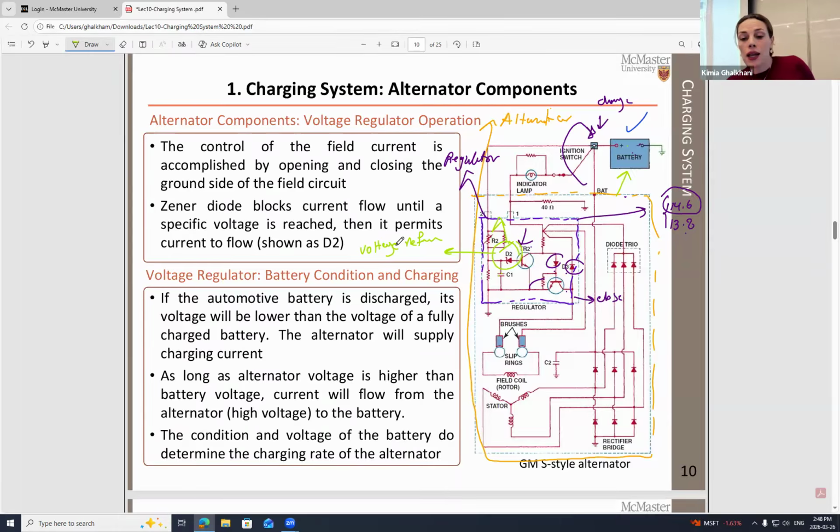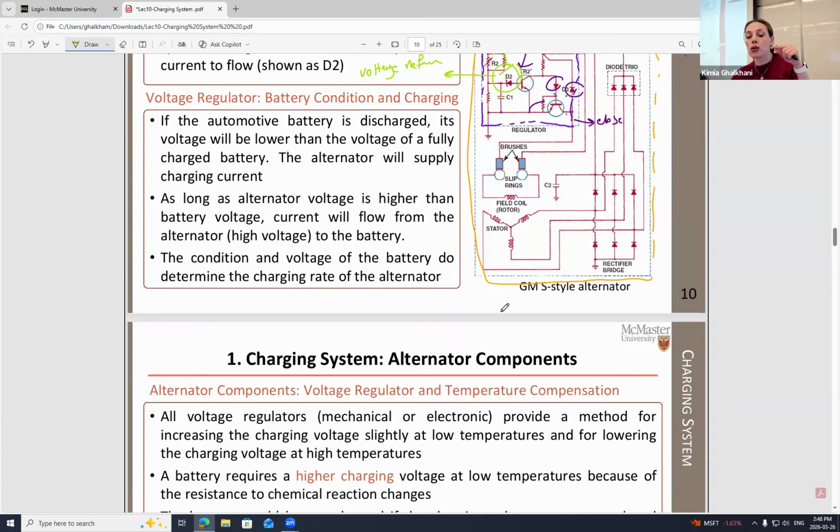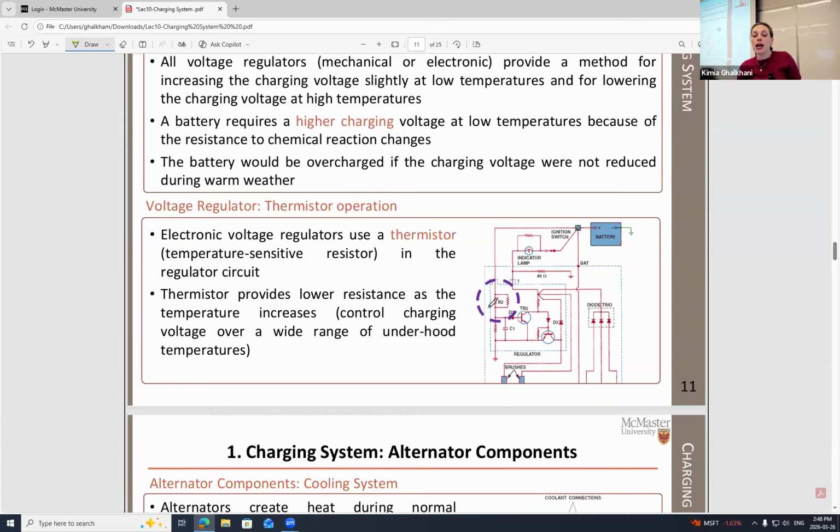So next, I took a screenshot from this regulator. I added it here to introduce a little bit more. Remember I said it has some FET, right? Some MOSFET, which is this one, which is a transistor, and it has the Zener diode.